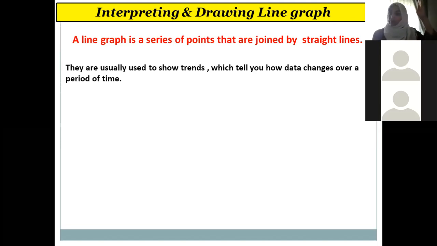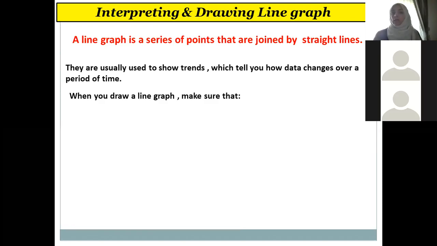Most of the time we have time labeled on the horizontal axis. So we're finding, for example, change in price over time, change in weight over time. It could be a growth chart, change in height over time, and so on. Okay?